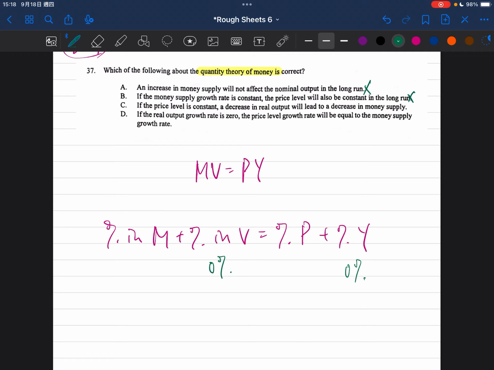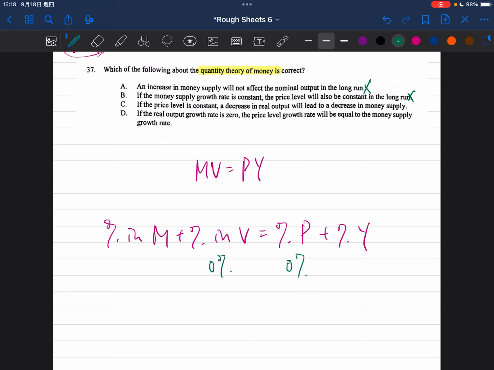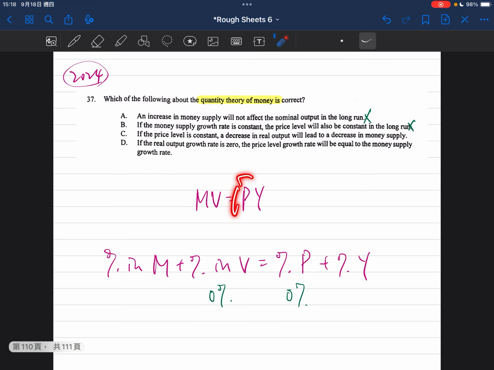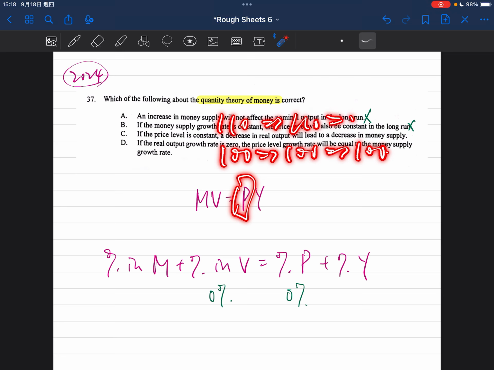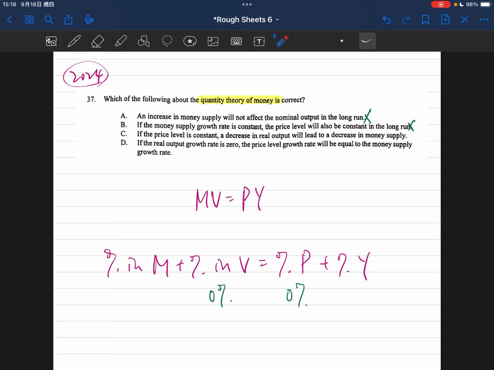Okay, let's see option C. If the price level is constant, which means the price level change is 0%. Because the price level is constant, it means the price level is consistently 100, 100, 100. It can also be 110, 110, 110. It means the inflation rate is 0, because the price level remains unchanged.